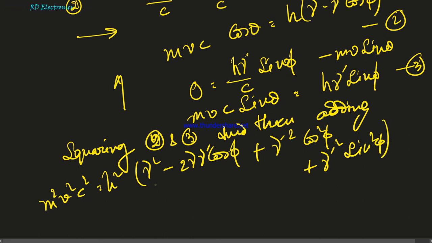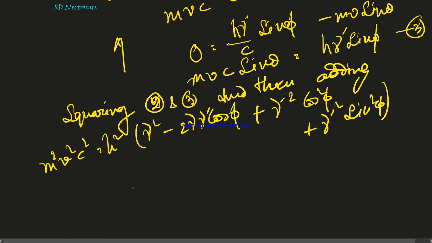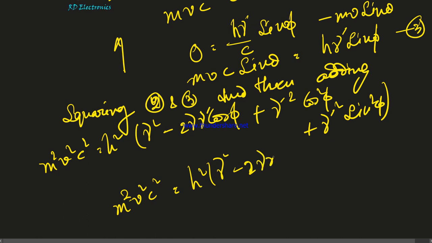After solving this equation, m square v square c square equals h square nu square minus 2 nu nu dash cos phi plus nu dash square.